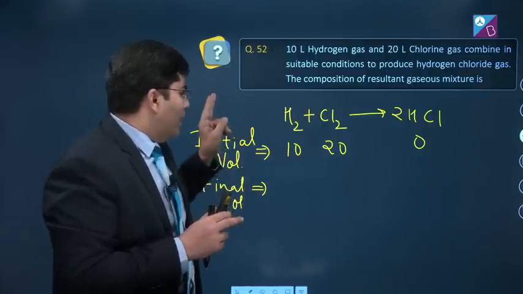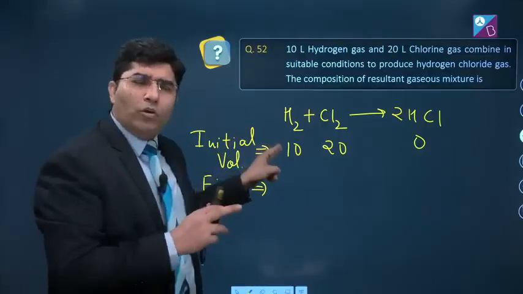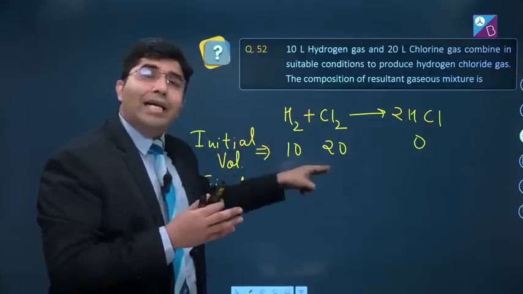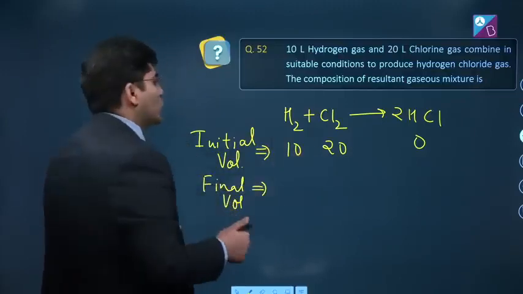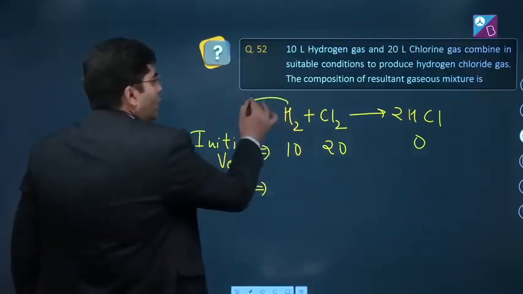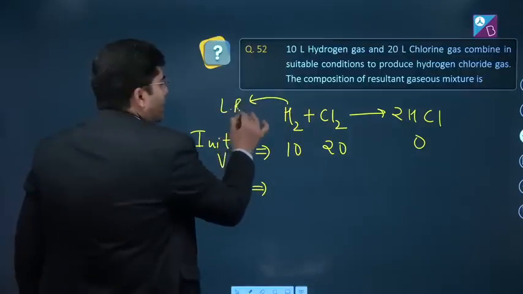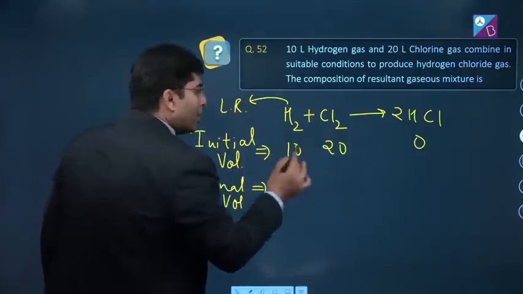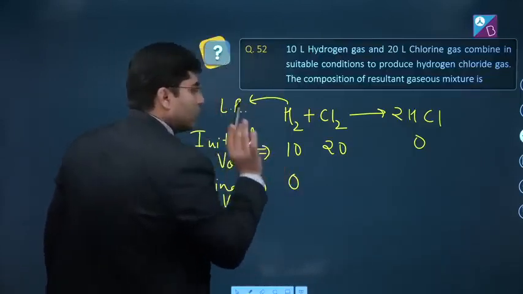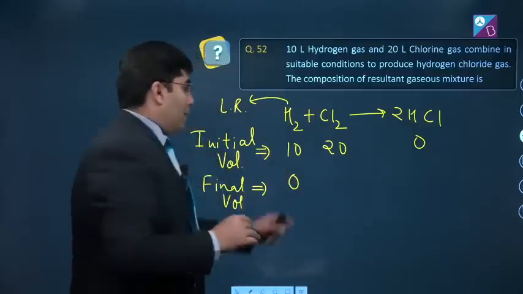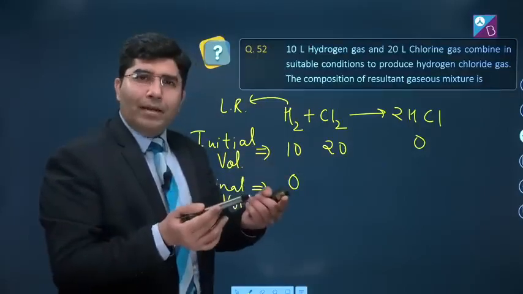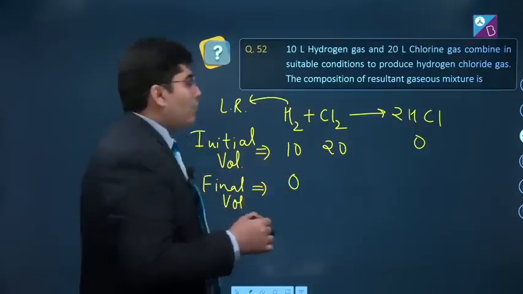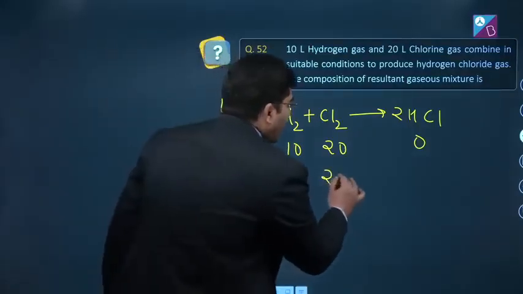So 10 liters of hydrogen requires 10 liters of chlorine, but we have 20 liters of chlorine. So hydrogen will be the limiting reagent over here, and after the completion of the reaction it will be 0. There is 20 liters of chlorine, 10 liters will combine. कितना बचेगा उसके बाद? We will get 20 minus 10.